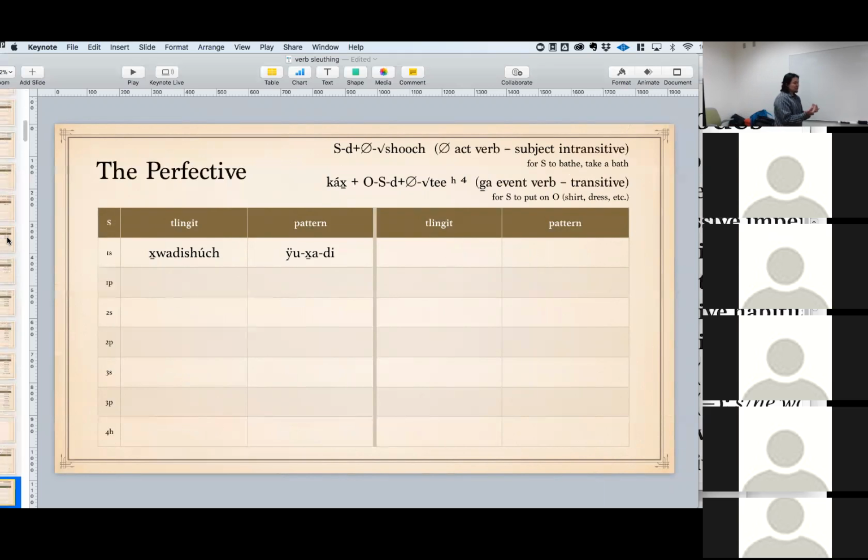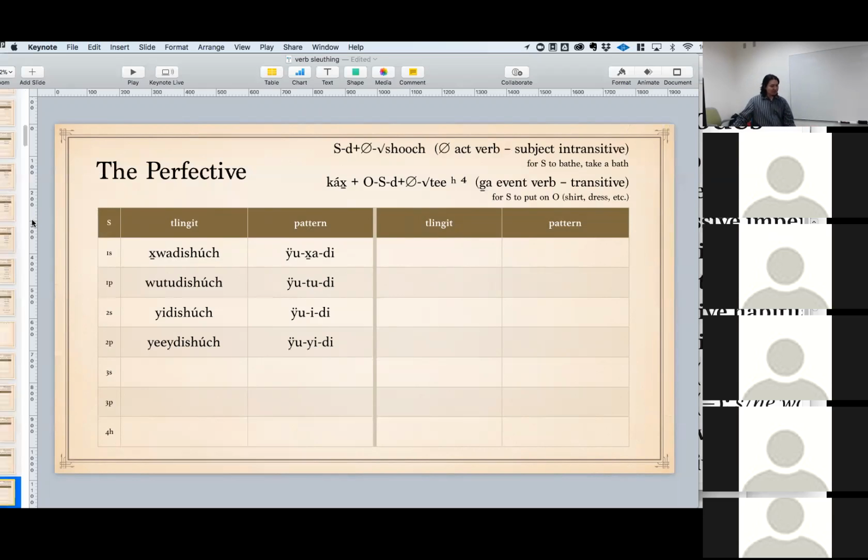So, chodishich would be I bathed. I think, did we get to we bathed? Didn't have to be together. That's not being said here. Watudishich. You bathed. Yidishich. Y'all bathed. Yedishich. He or she bathed.